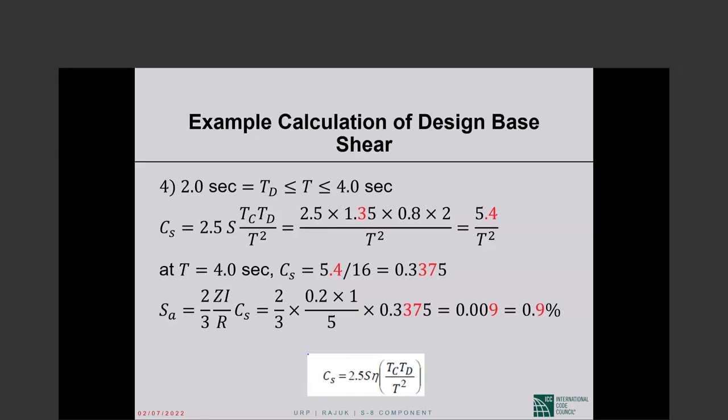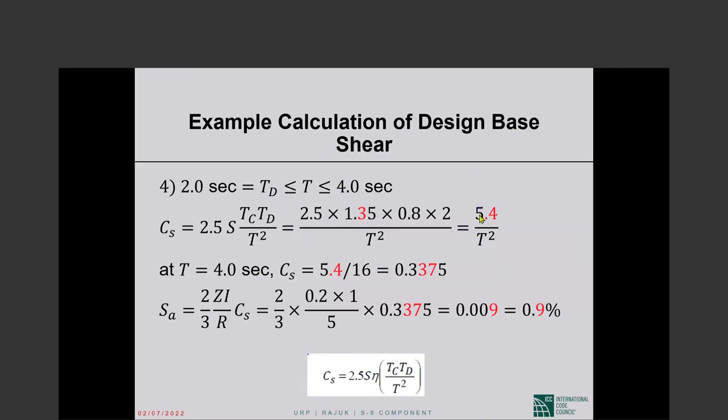In one of the examples that I was showing you, in calculating S sub A, the spectral acceleration in the period range between T sub D, which is 2 seconds, and 4 seconds, which is the end of the spectrum, the soil factor S, which is 1.35 in our case, was taken mistakenly as 1.25.